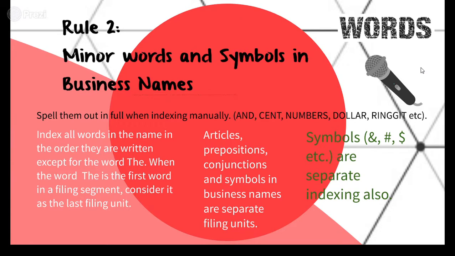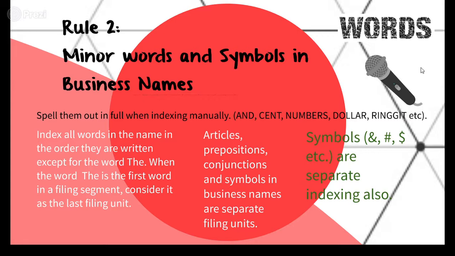Rule number 2, minor words and symbols in business names. Spell them out in full when indexing manually: and, cent, numbers, dollars, ringgit, etc. Index all words in the name in the order they are written except for the word the.